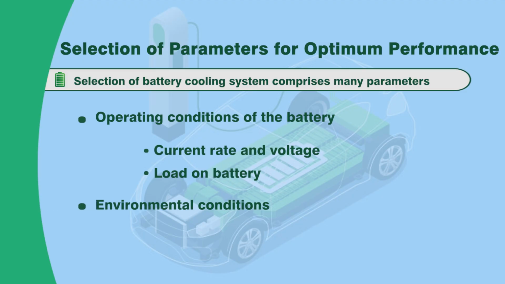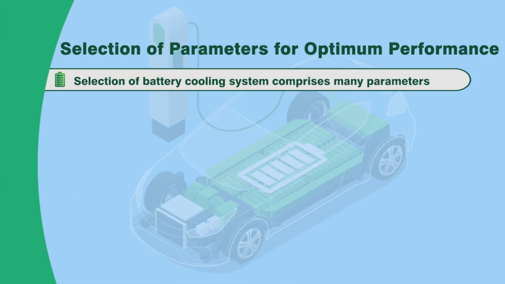The next one is the environmental conditions. The environmental conditions equally play a role in selecting the battery cooling system. So, we cannot select some kind of cooling system for some environmental conditions. The environmental conditions also need to be taken care of while selecting a battery cooling system. The next one is the cells.